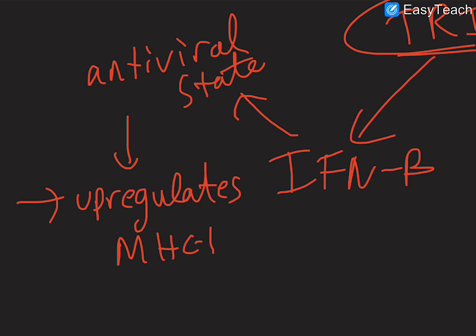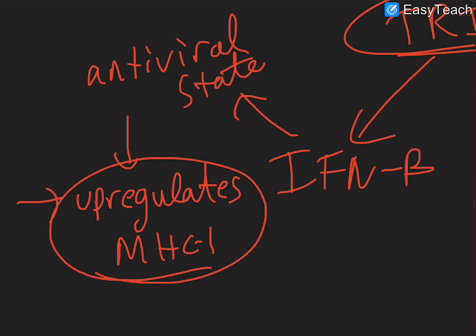Okay, remember MHC1 complexes are on every nucleated cell of the body. And one thing it can do is it can present viral proteins. Okay, if our cells are affected with the virus, for example, these MHC1 complexes can present viral particles or viral proteins. So then cytotoxic T cells, or also CD8 positive T cells, right, can come in and destroy that cell.